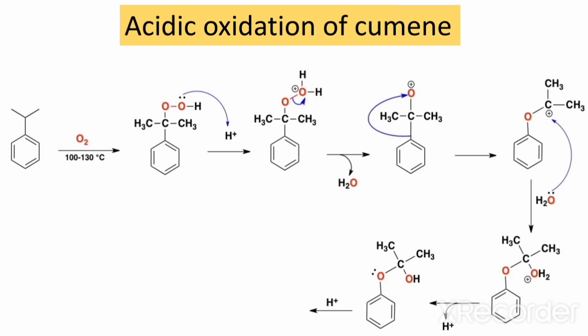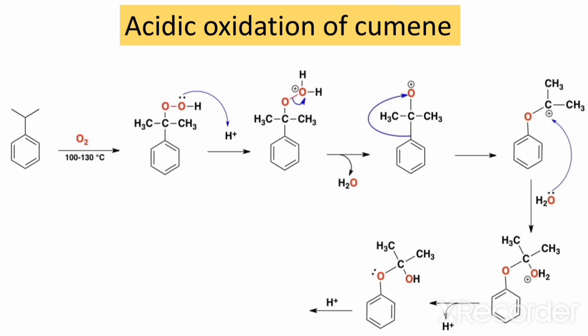After the rearrangement of the compound, the oxygen that has a positive charge is directly attached to the carbon of benzene. Then the water molecule attacks the carbon that has a positive charge, also known as a carbocation, and forms a bond between the carbon and oxygen. Then the oxygen gets a positive charge.